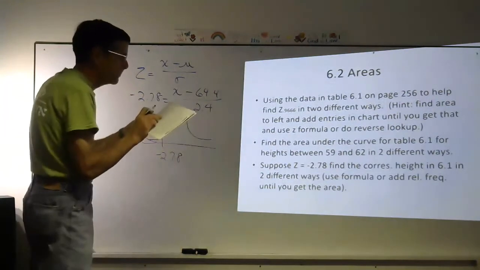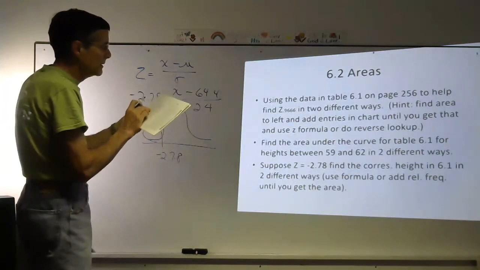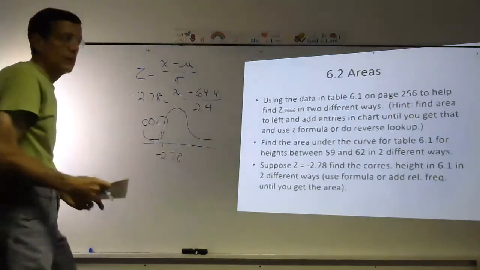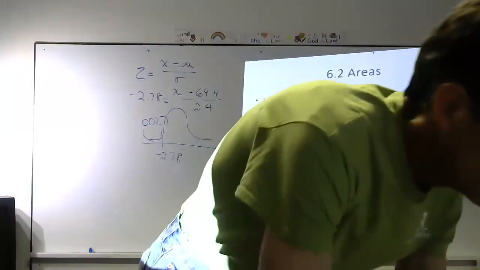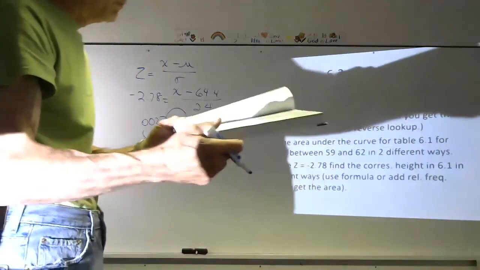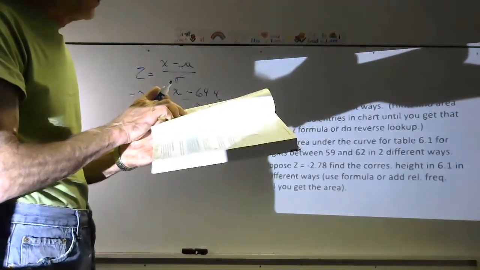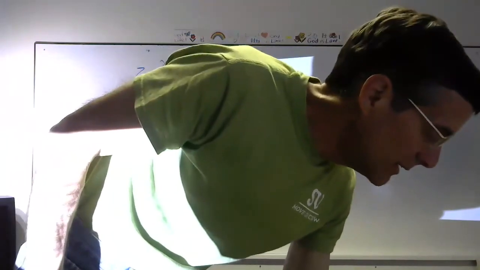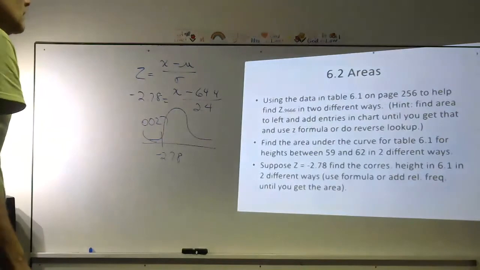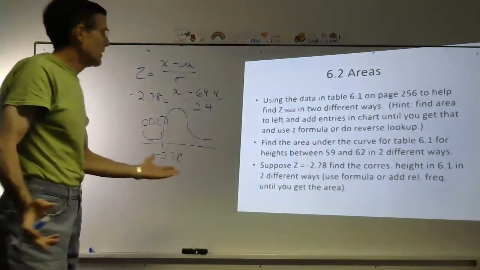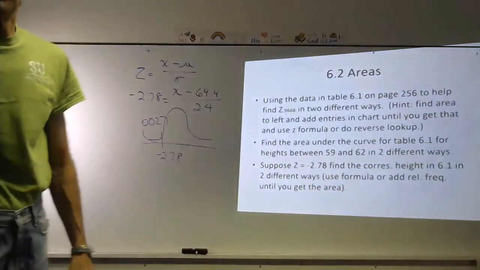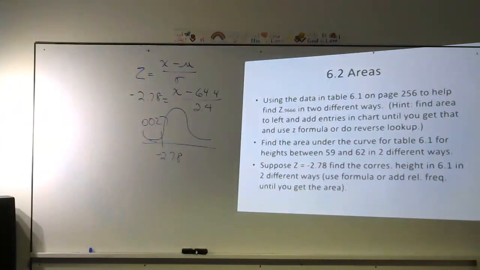This area, look it up. -2.78, 0.0027. Now, go down to the bottom of page 256 in your book, and if you add the first two, you get 0.0027, so the corresponding height has to be 58, right? A couple of different ways you can do that.